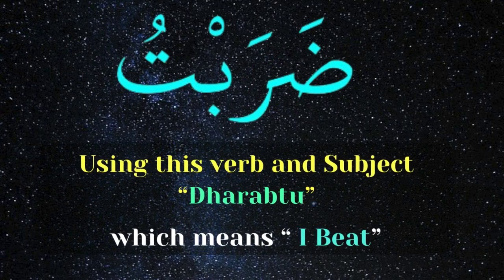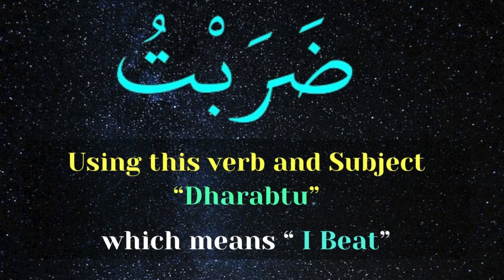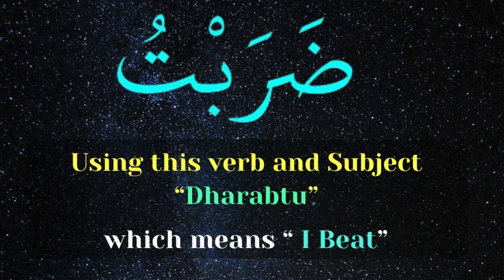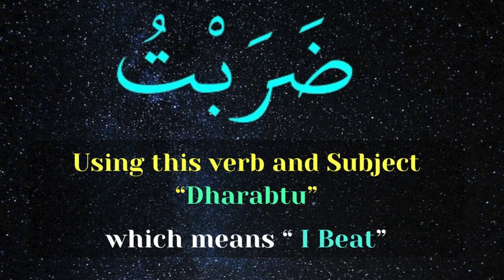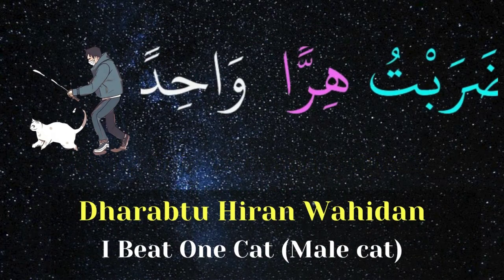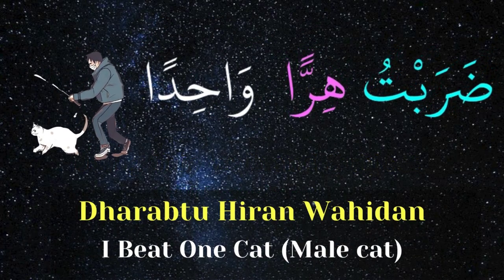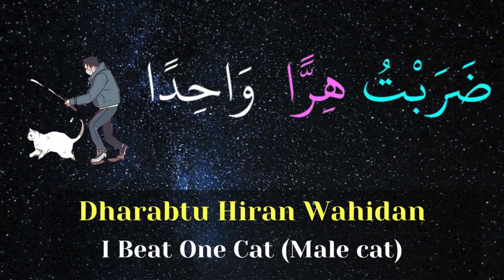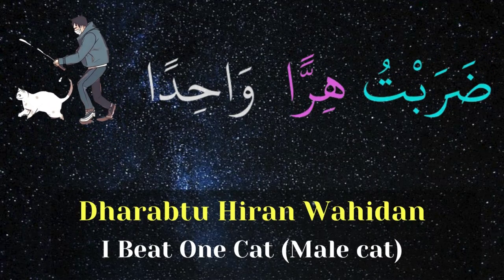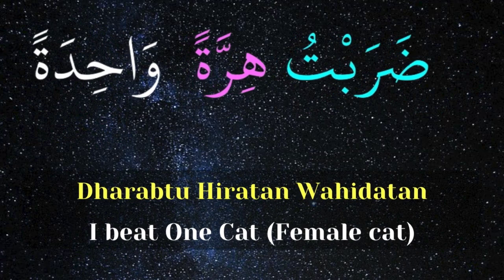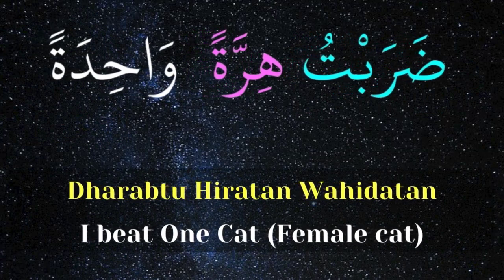But for the object case, we can express it using the verb darabtu. We have darabtu hirran wahidan, I beat one cat, or in feminine form, darabtu hirratan wahidatan.